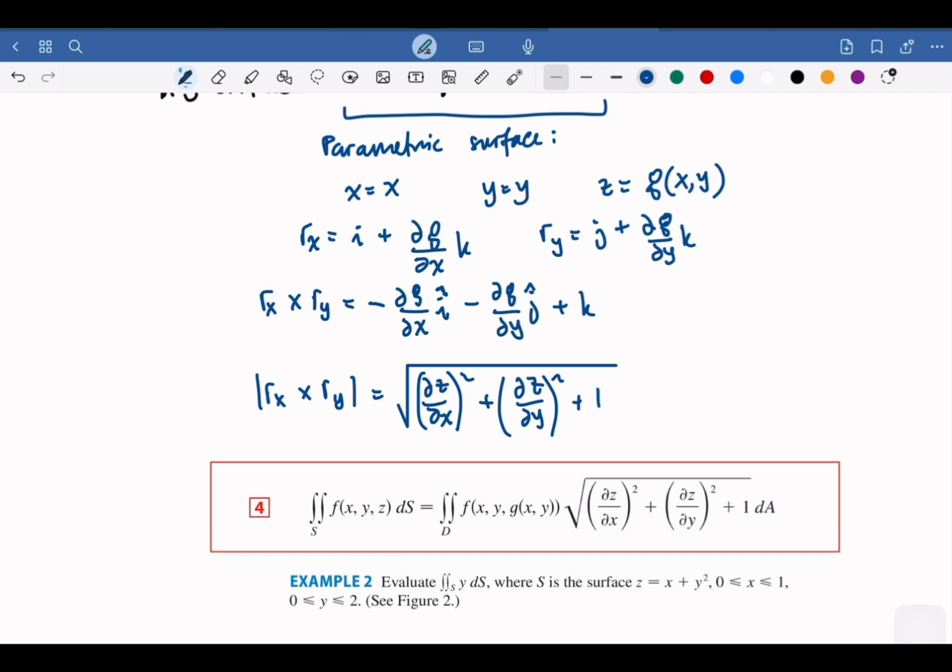So if we have the surface integral in terms of x, y, z, we can change the z to the function of two variables x and y, and basically write this down.